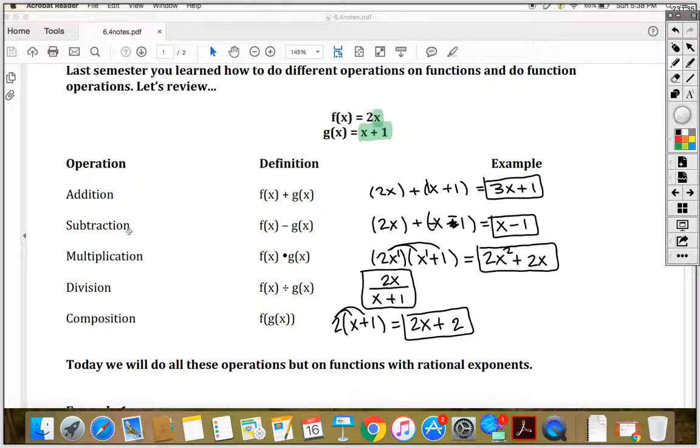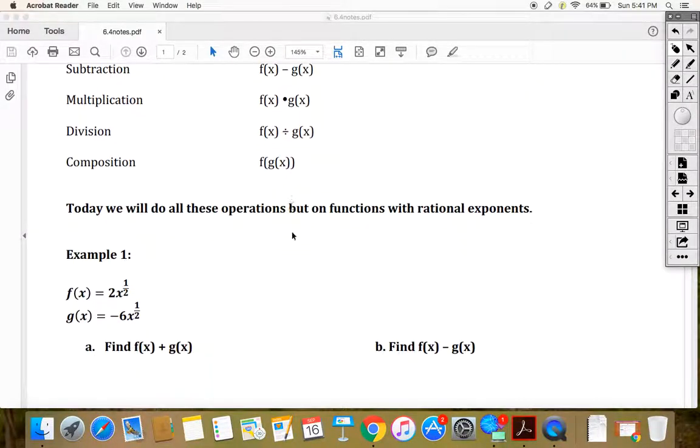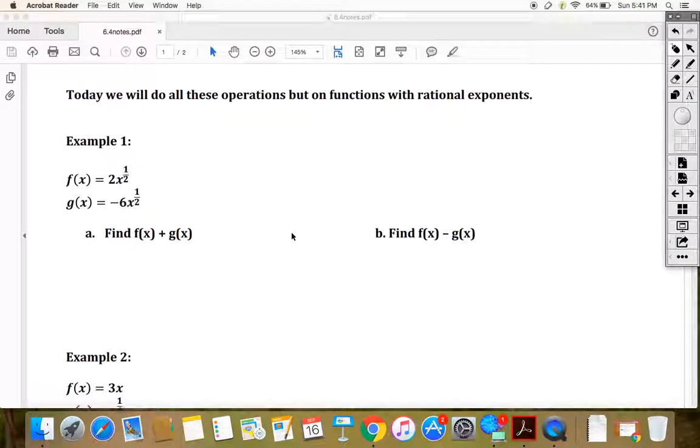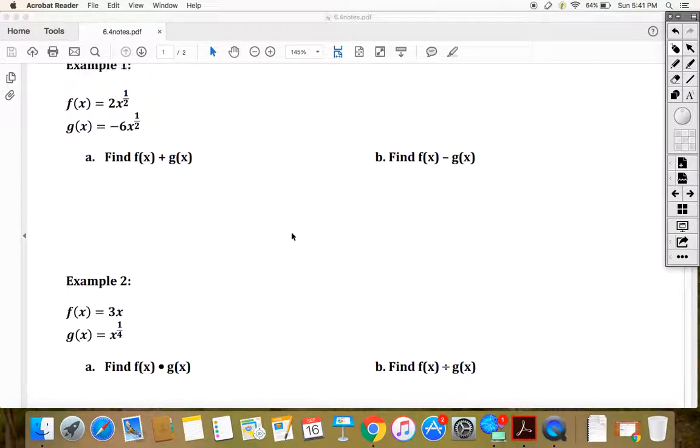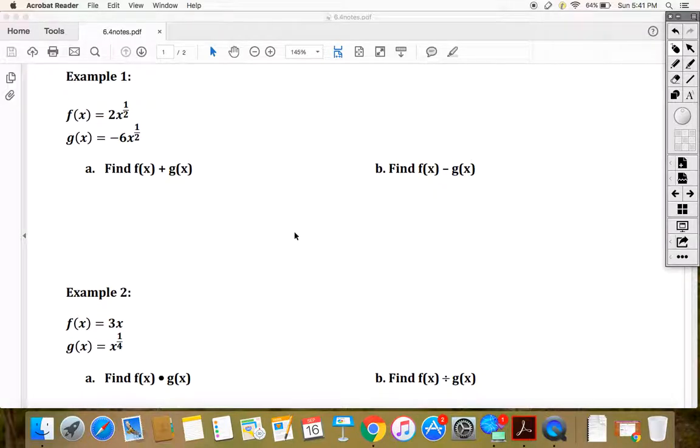Okay, so we're going to do all of these operations with our power functions, which are our functions that have those rational exponents. Okay, so I'm going to move this down, and we are going to look at these two functions, which is 2x to the 1/2 power and negative 6x to the 1/2 power. And the first thing we're going to do with these two functions is we're going to add them.